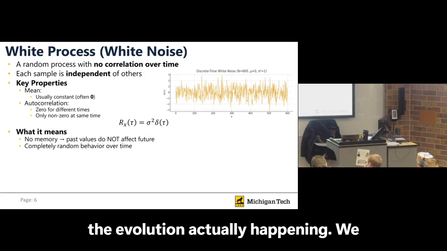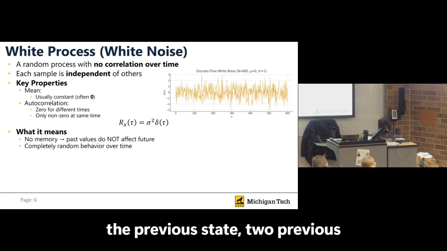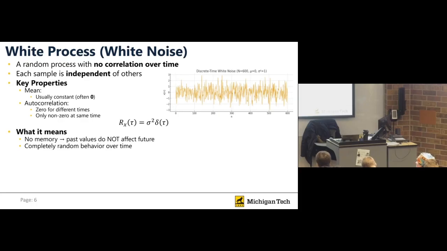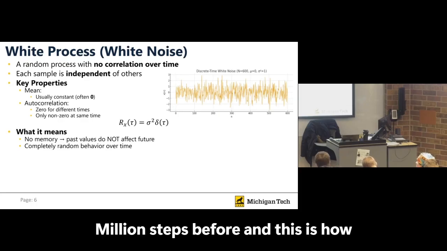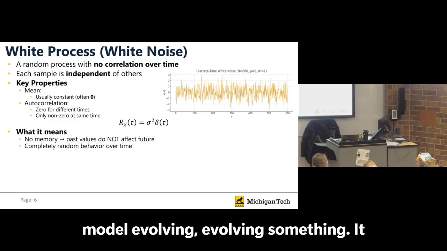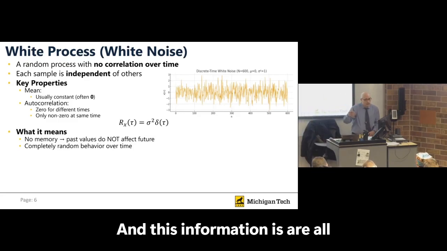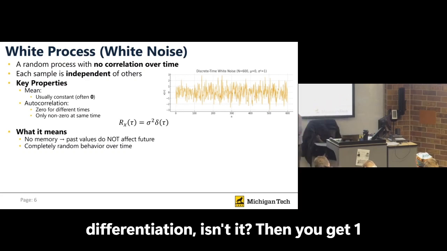That's actually how evolution happens. We want to say the next state depends on the previous state, two previous states, and go a million steps back. This is how we can model something evolving. It depends on how much information you have, and this information is all differentiation.